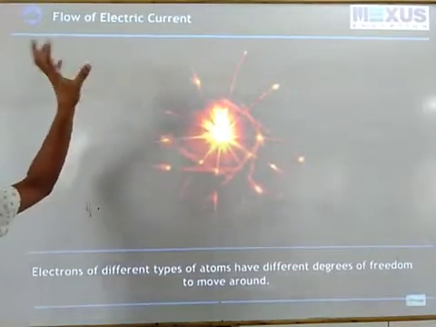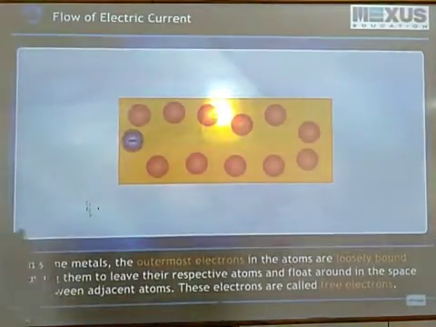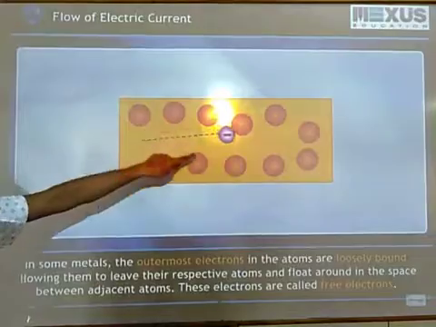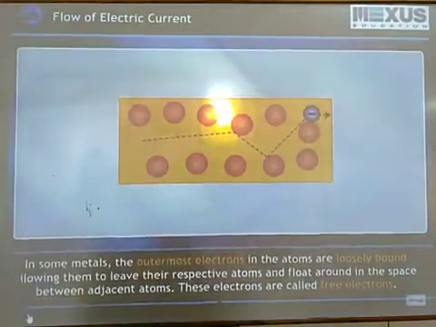nucleus and electron. We can see here, these are the atoms and electrons are traveling around them randomly.